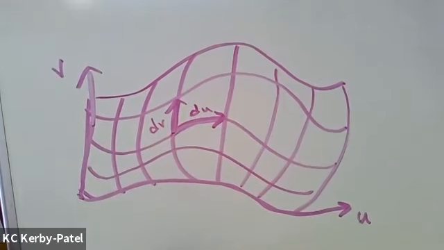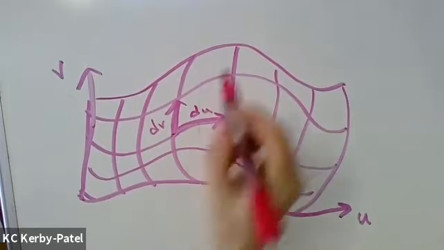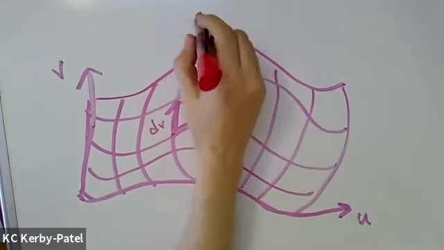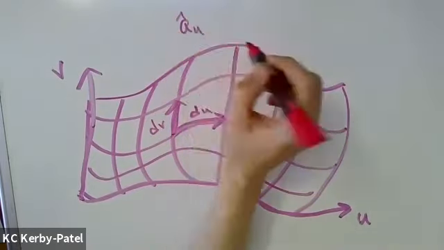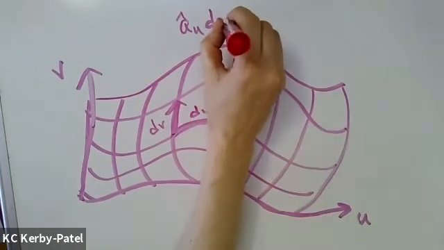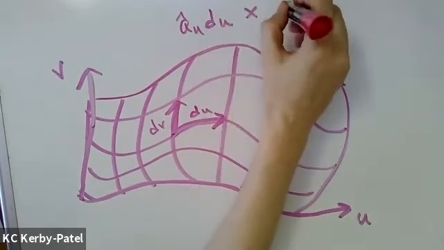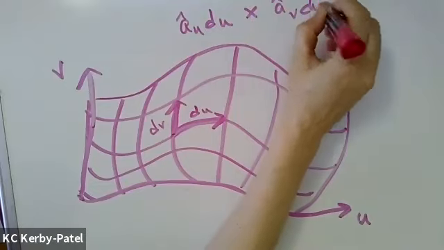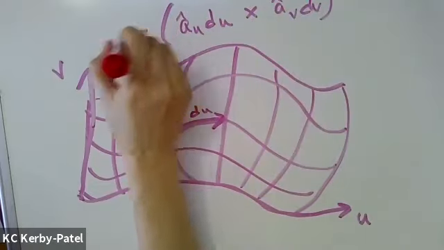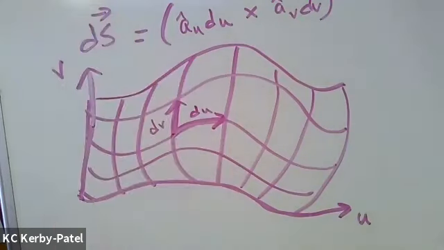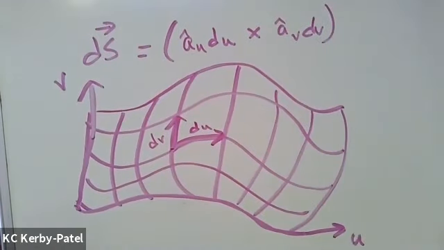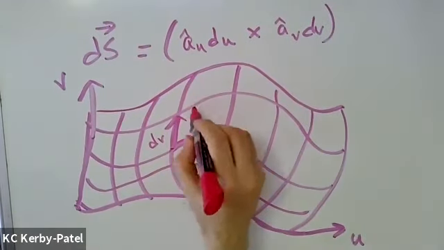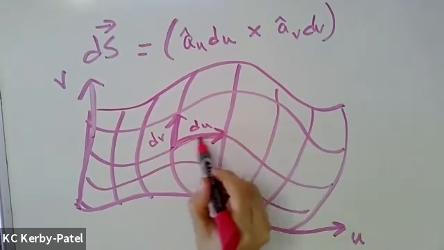So then my differential surface area, I could write it, in fact, as: if I have a u-directed unit vector, a hat u du, cross a hat v dv, that is my surface normal differential surface element. But what's the length of du?